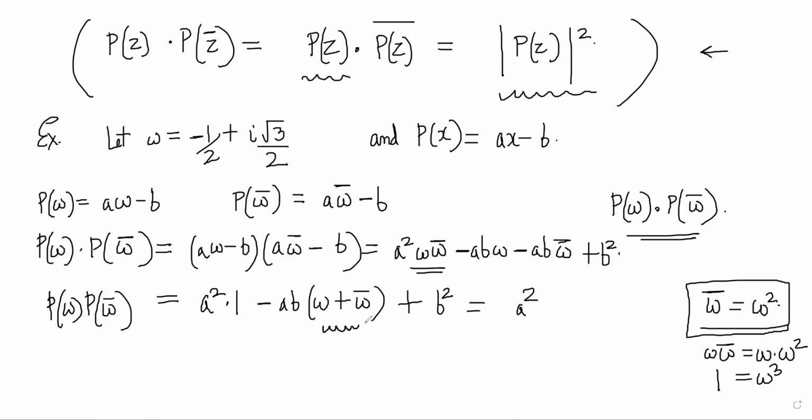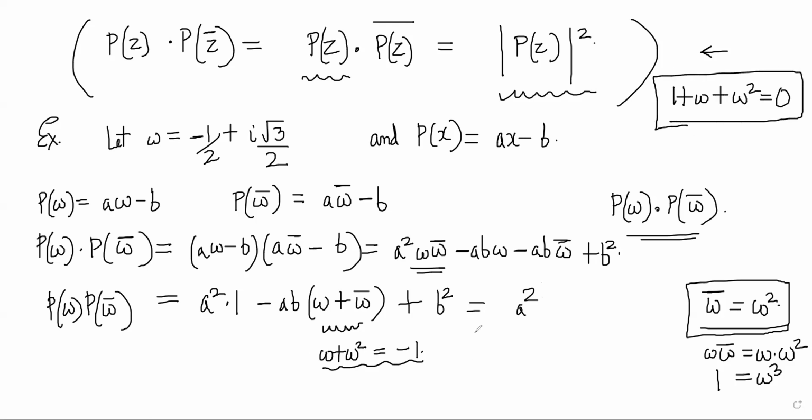Think about what is w plus w conjugate. This is w plus w square, which is equal to minus 1, because the sum of the three cube roots of unity adds up to 0. So we get minus 1 in this part, and the result is a square plus ab plus b square.